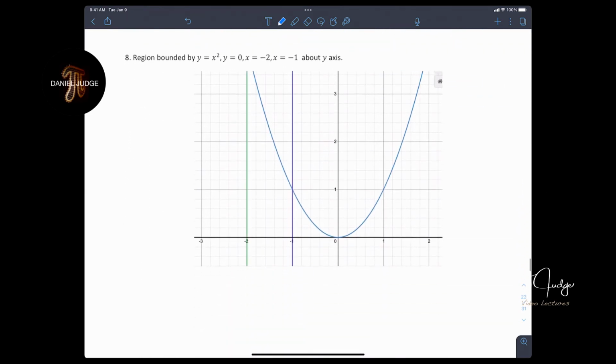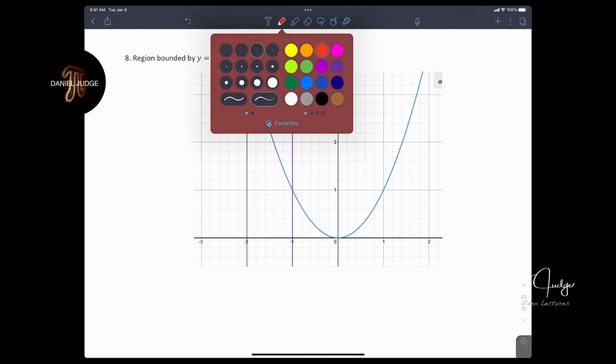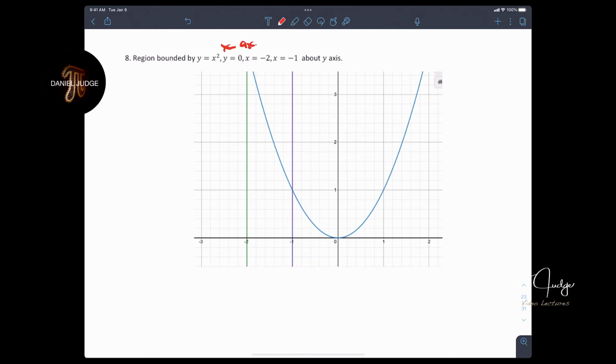So let's see, maybe number 8. Notice what's going on with number 8 here, possibly. And looks like all the picture just didn't come out for number 8. Notice they're saying for 8, what's the bounded region for this parabola? Y is 0. Well, that's the x-axis. X is -2 to -1.